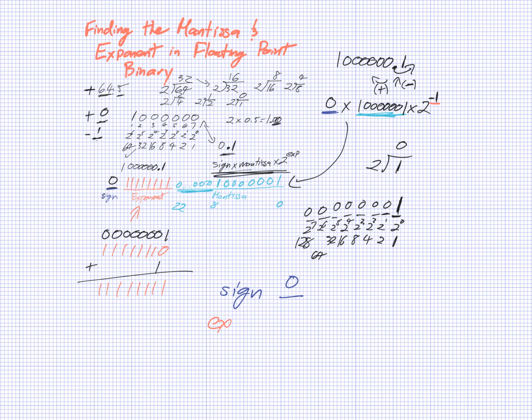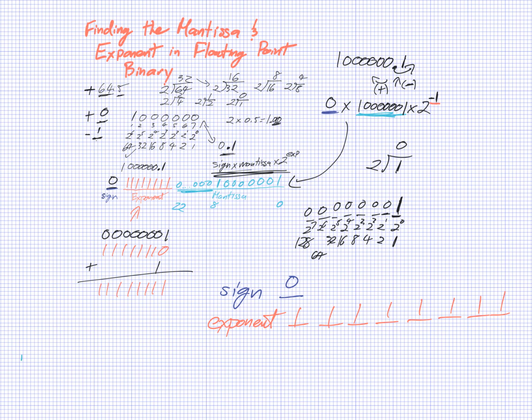The exponent is 8 representations of 1, 1, 2, 3, 4, 5, 6, 7, 8. And then we need 23 representations for the Mantissa.